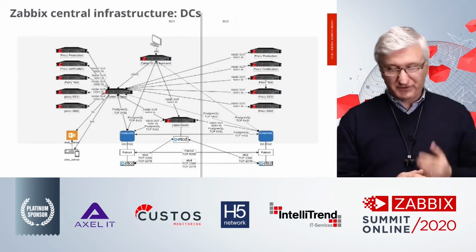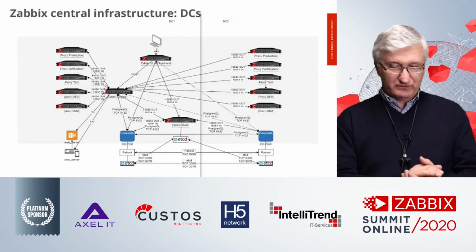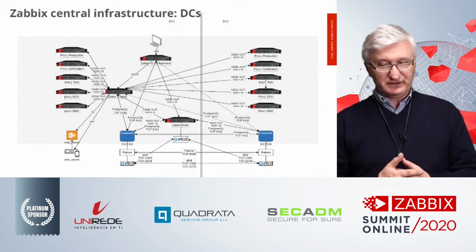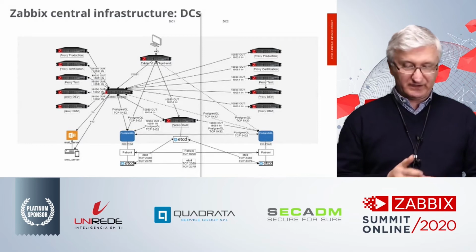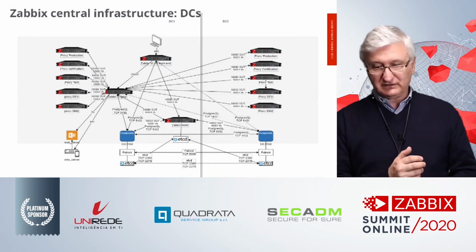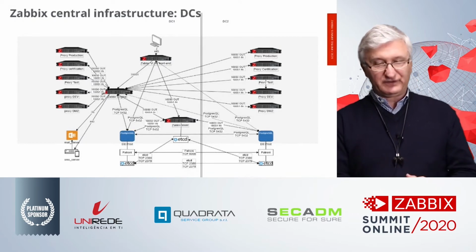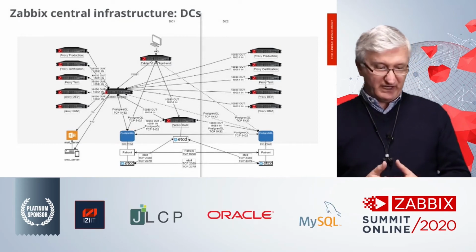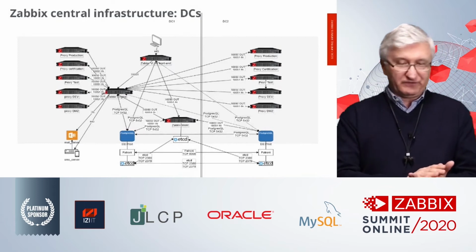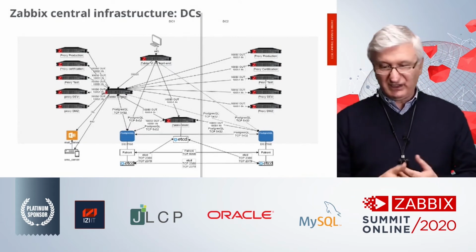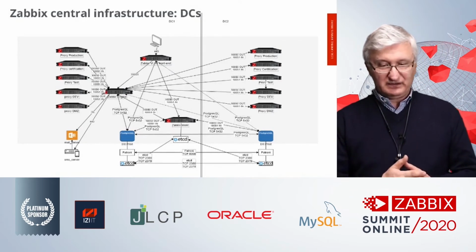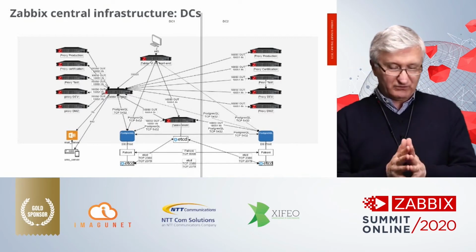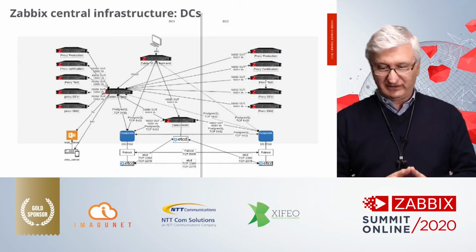So, first thing, we had to help the customer design an infrastructure able to monitor many thousand devices in the 2 data centers and in the branches. So we forecasted at the beginning many items, many new values per second, and so we had to develop an architecture able to handle this.